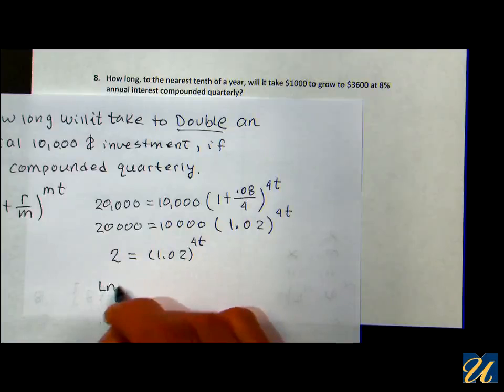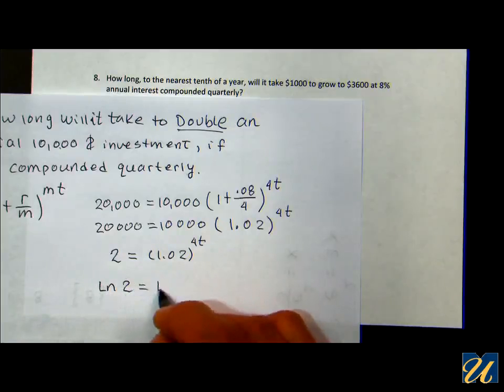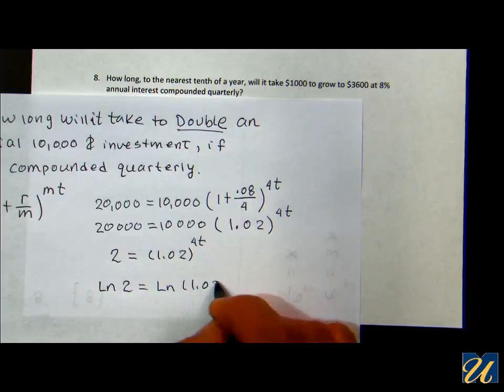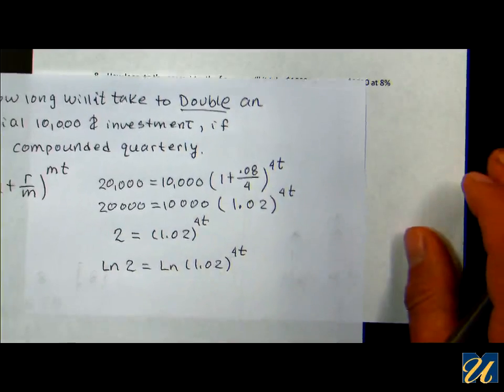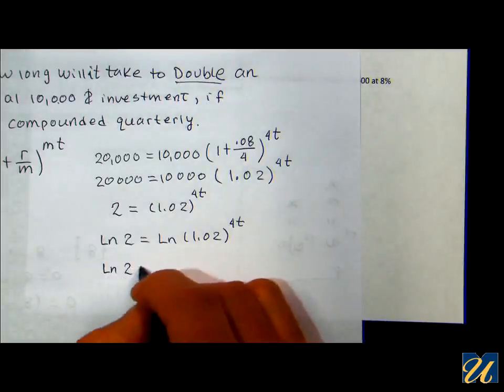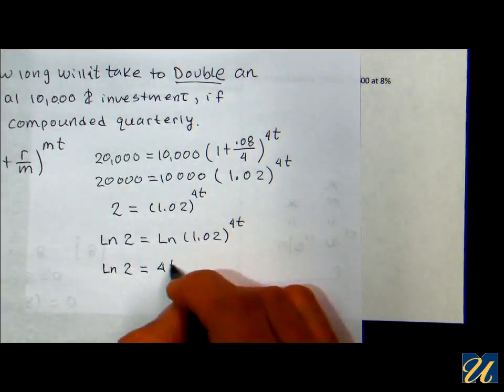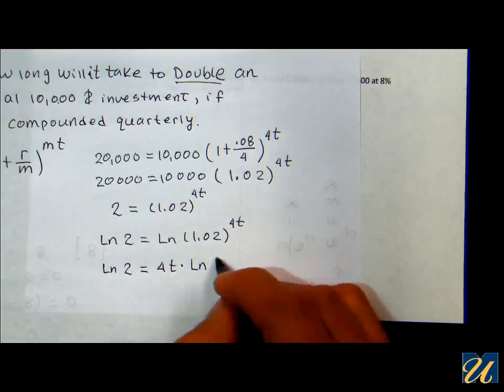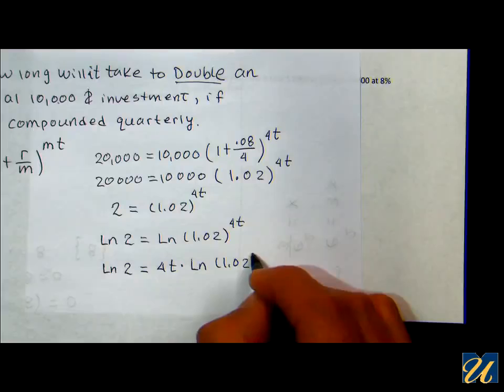So natural log of 2 is equal to the natural log of 1.02 to the power 4t. Use your power property on the right side. Natural log of 2 is equal to 4t times natural log of 1.02.